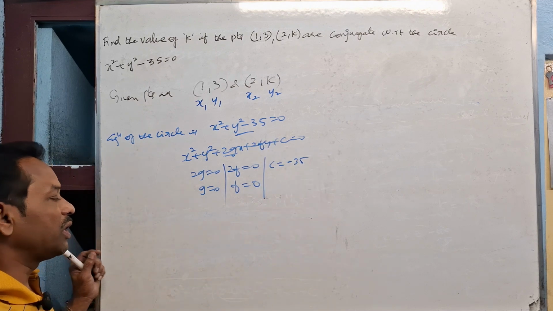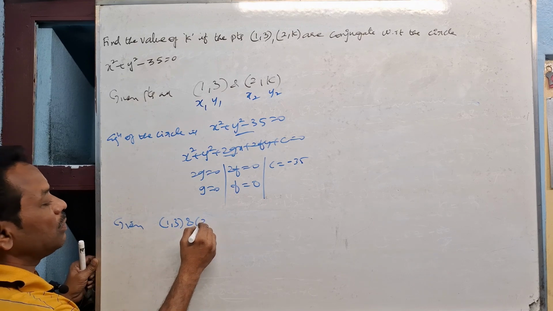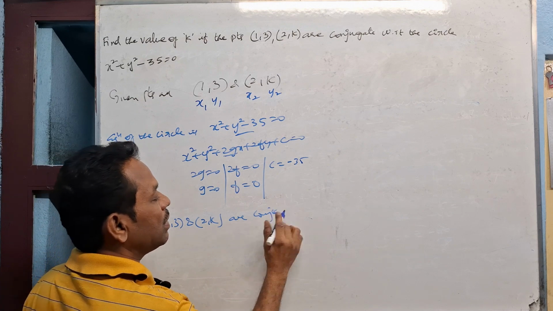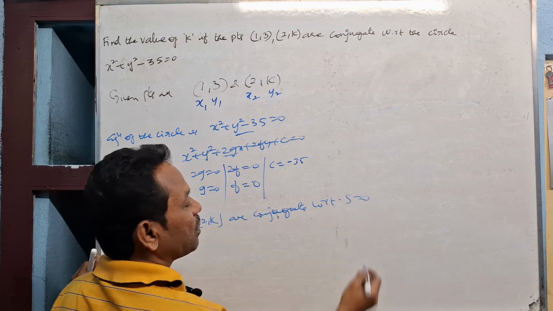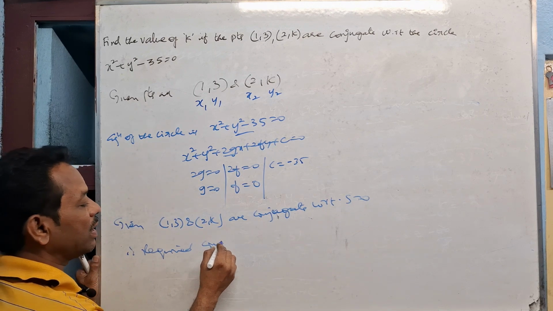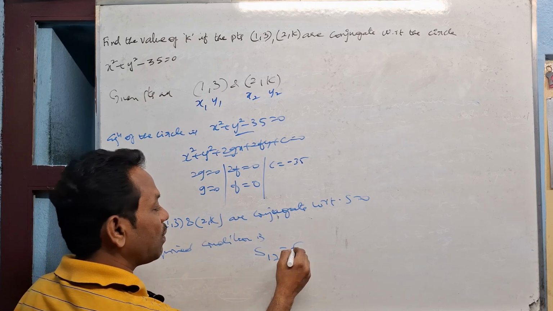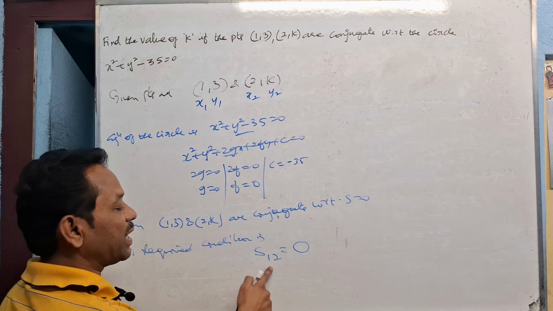Now given (1, 3) and (2, k) are conjugate with respect to the circle S equals 0, then the required condition is S12 equal to 0. Now already we know how to write S12.